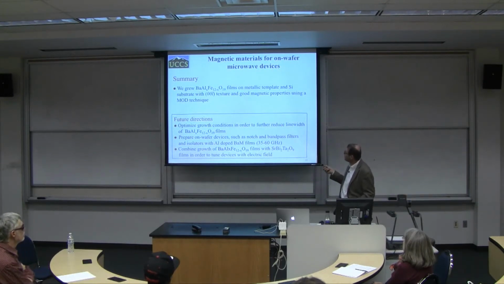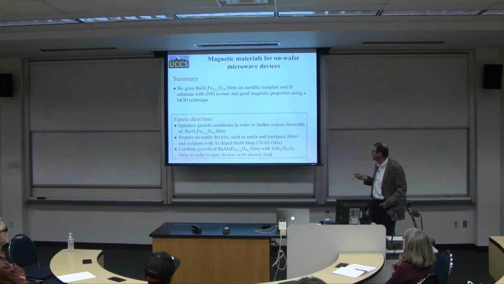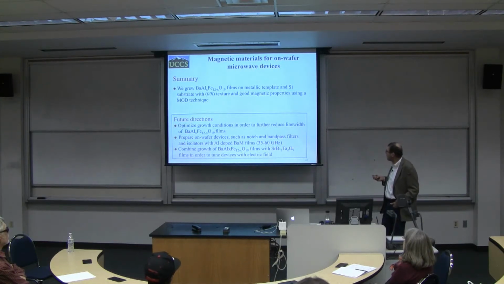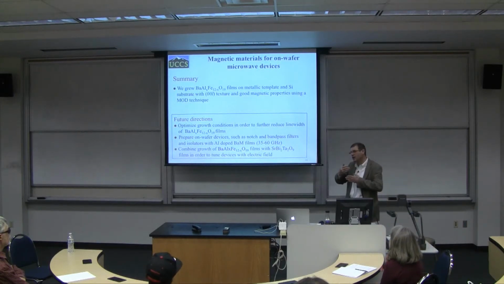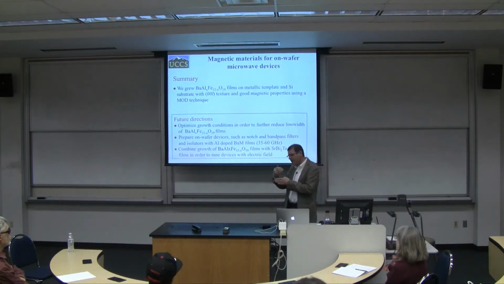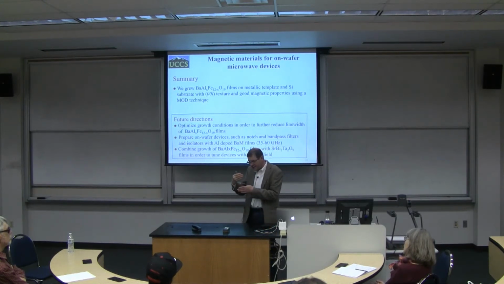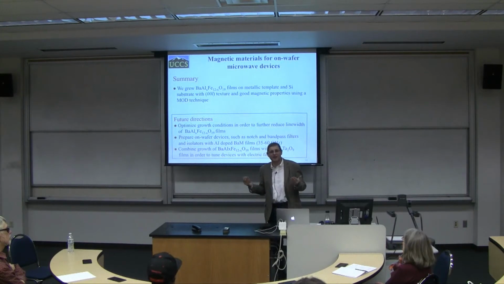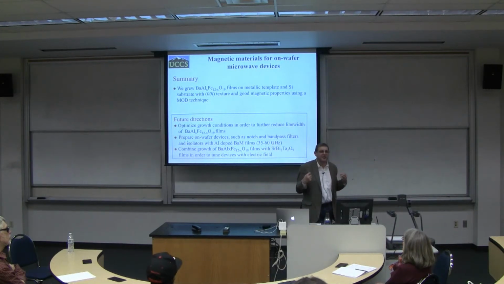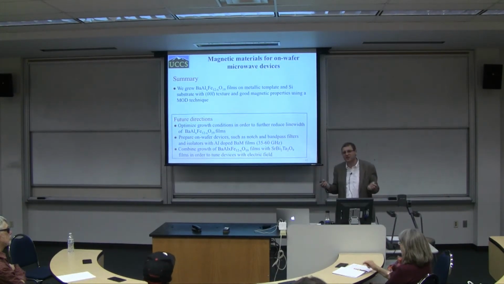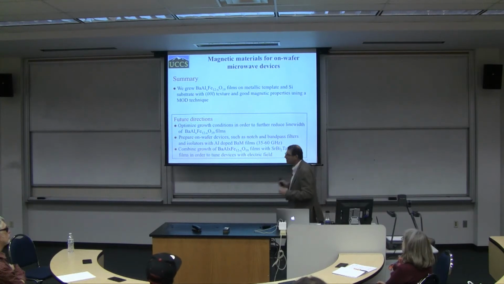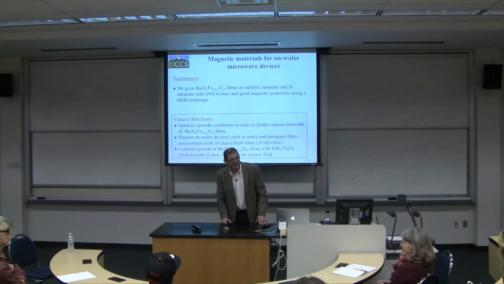What we are doing with these films is not only growing them, but we are also interested in, for example, combining these films with different ferroelectrics. Because if I can form a heterostructure where I have ferroelectric and ferromagnetic materials, by applying voltage, maybe I can change magnetic properties. It's much easier to change voltage than to change magnetic field. On this, I'll thank you for your attention. Thanks.